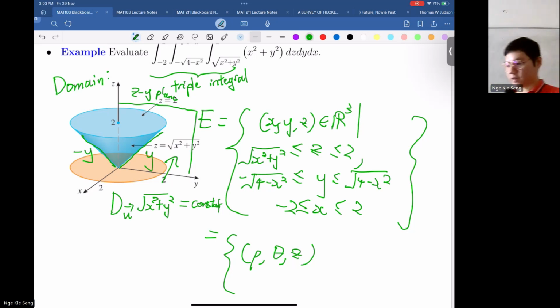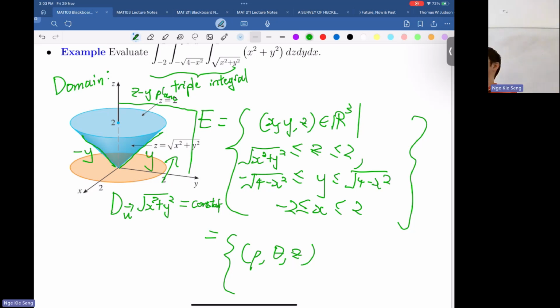Right. Let's come back. So can we use the cylindrical coordinate to explain this column? What do you think? First of all, theta. Is it clear what theta you want to take? Theta for a cone, right?